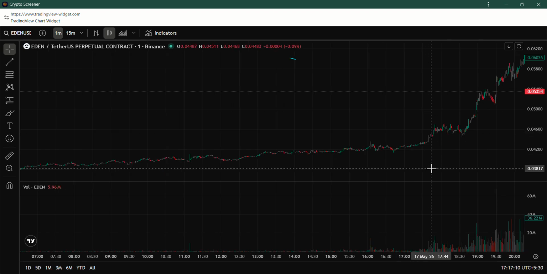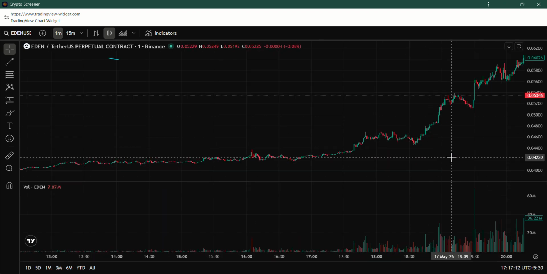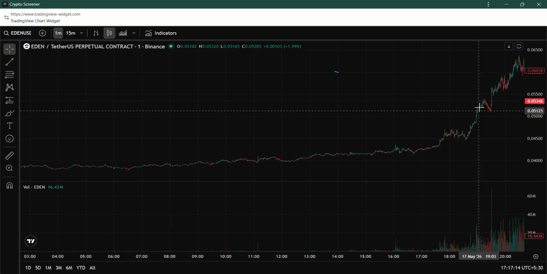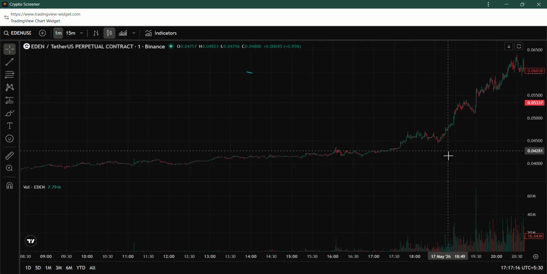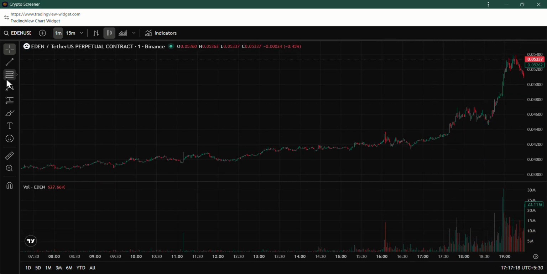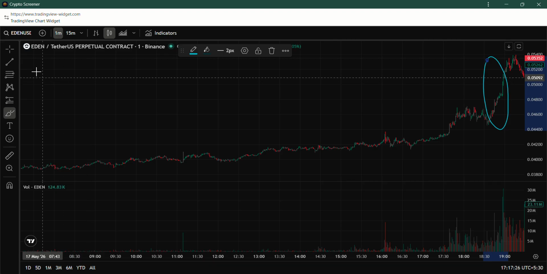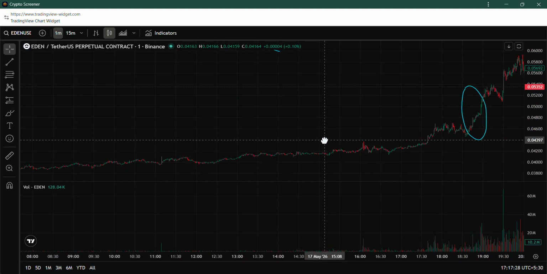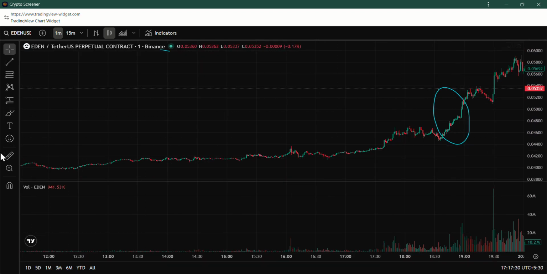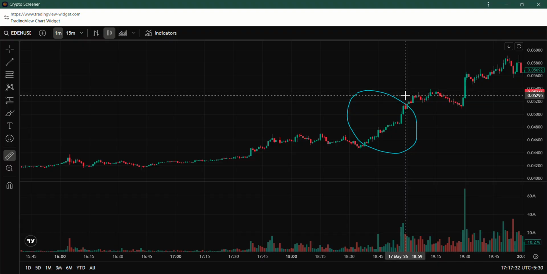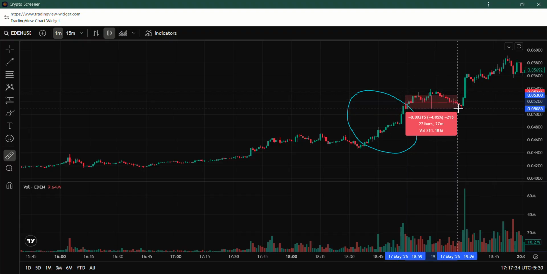The reason behind that is I considered this movement as price one movement, P1 movement, and here the price stayed within the range for approximately 30 minutes.